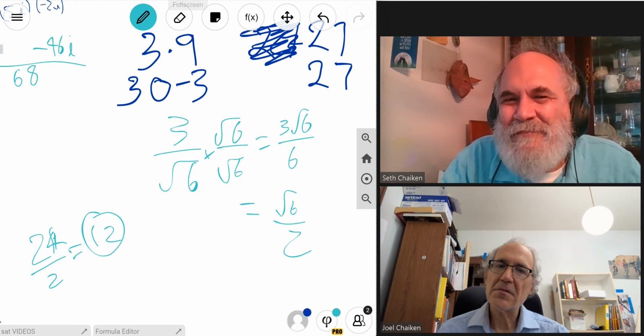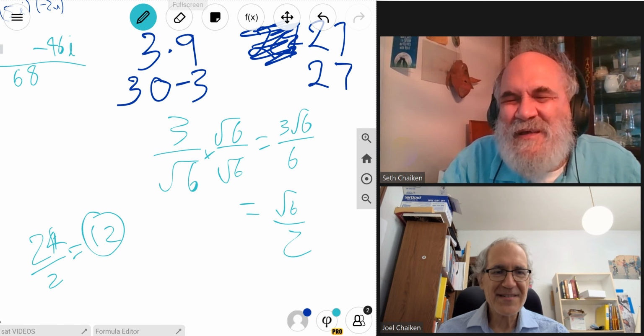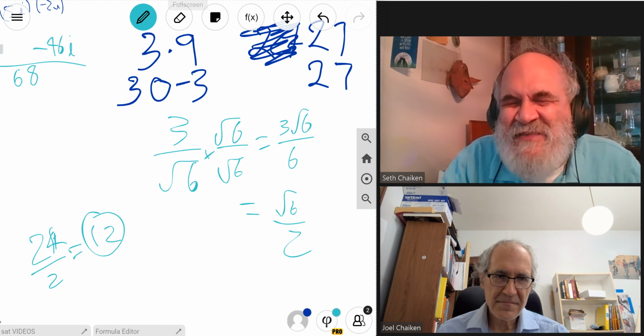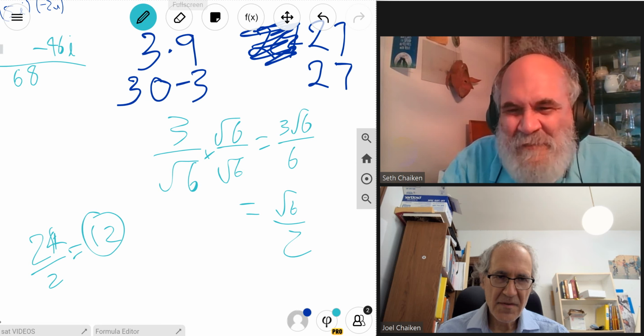Oh, so in other words, you're saying that it's in some ways the simplest form. Not necessarily. It's simplest for ordinary arithmetic, but for complex numbers, it's better to say standard form.